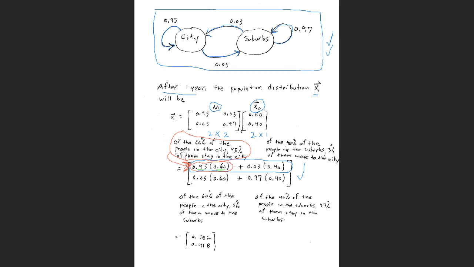If you were to ask what percent of people stay in the city, you would take 60% and multiply it by 95%, and that's what 0.95 times 0.60 is.